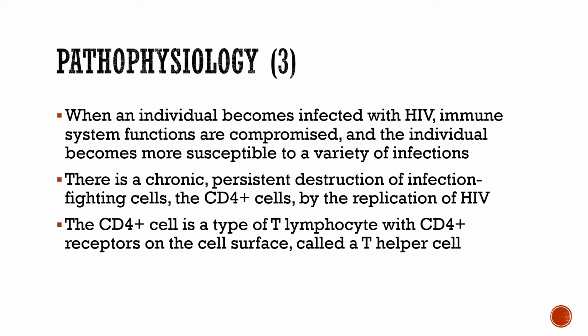There is a chronic persistent destruction of infection-fighting cells, and these are the CD4 cells, by the replication of the HIV virus. The CD4 cell is a type of T lymphocyte with CD4 receptors on the cell surface, called a T helper cell.